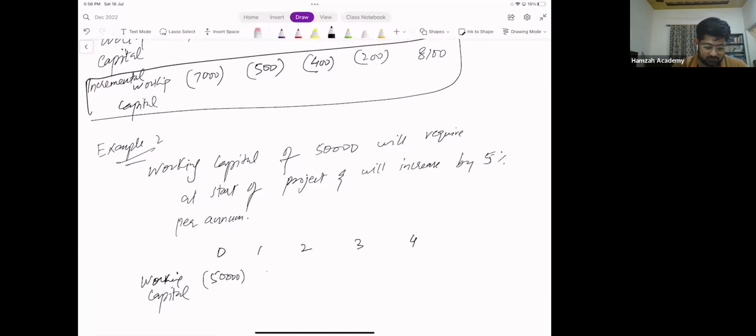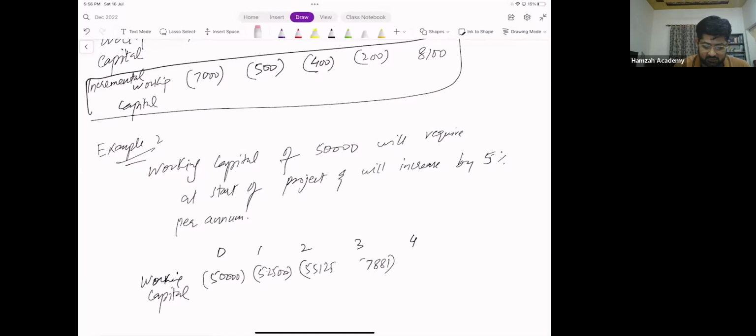Now, 50,000 into 1.05 is 52,500, into 1.05 is 55,125, into 1.05 is 57,881.